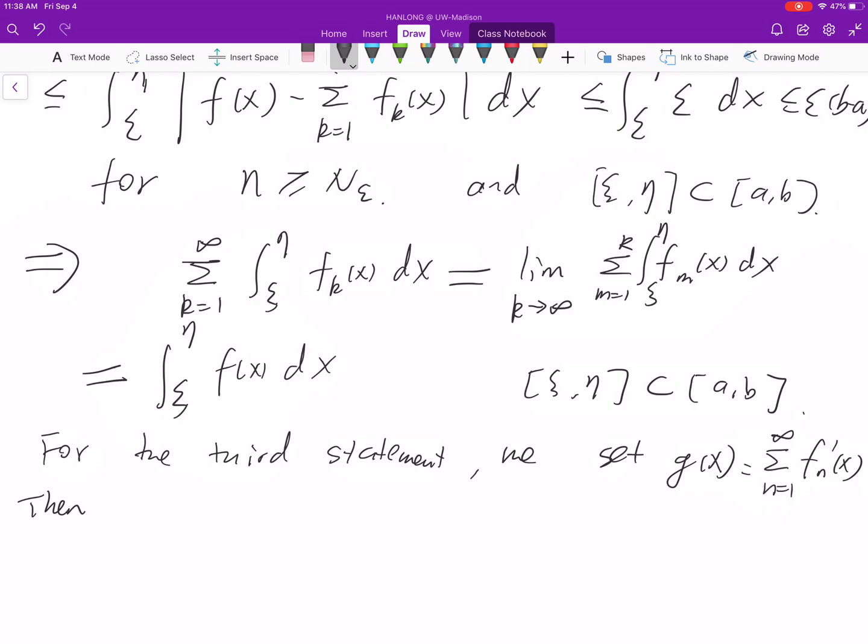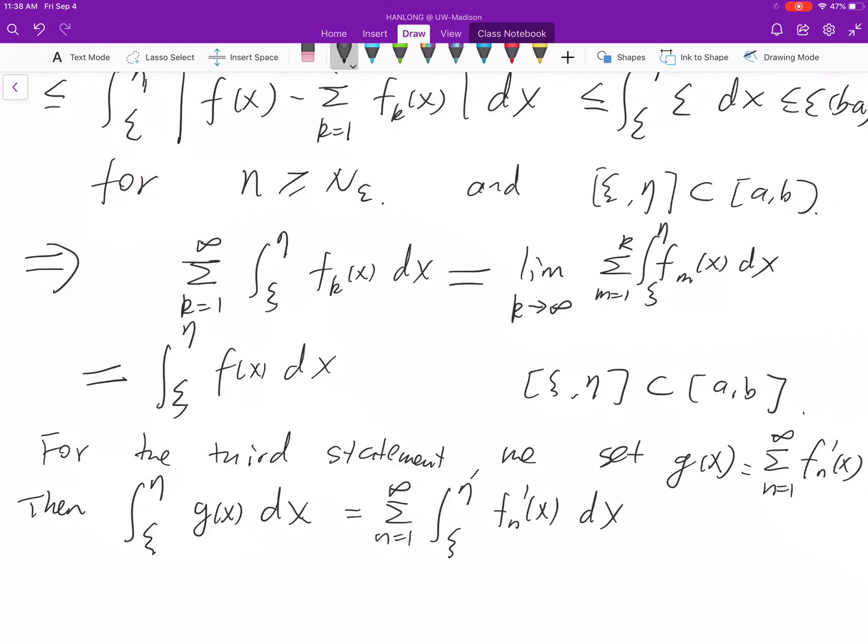Then the integration, from the second property, we know that this equals the summation from 1 to infinity of the integration of each small term.